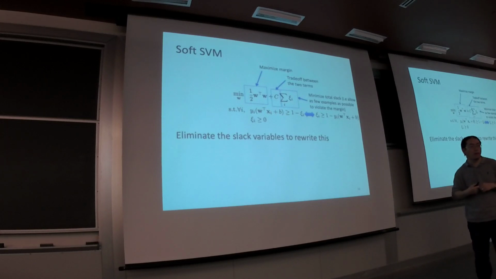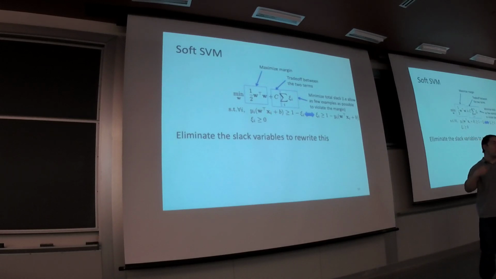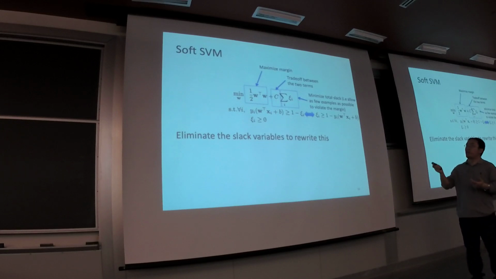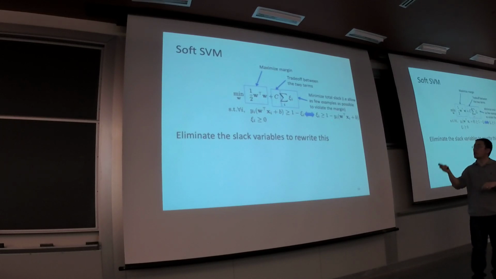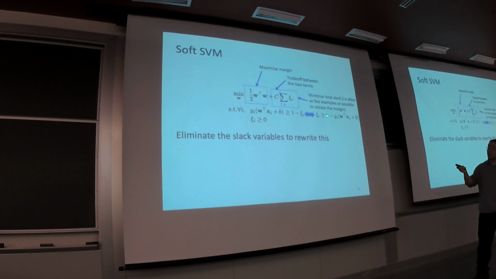This is a minimization problem, right? You want to minimize this cost function with respect to our model parameters. Suppose our W, the weight vector, and the bias parameter are fixed. Then what is the minimum value of ξi I can choose? We can look at the constraints, right? From the constraints, we know that ξi must be no less than 1 minus the function margin and 0. So the minimum value we can choose must be the maximum of 0 and 1 minus this function margin.